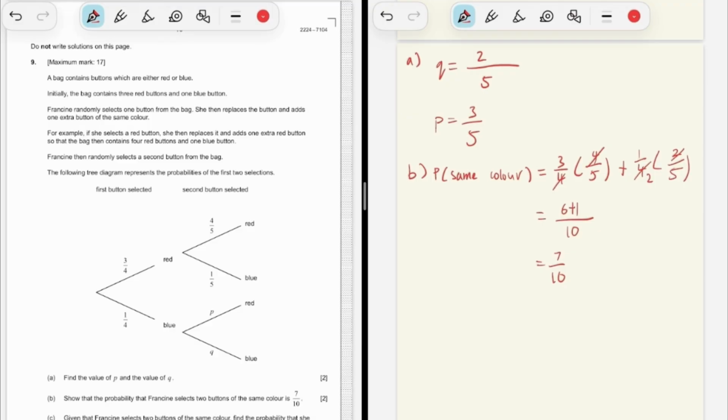And then for part C, we'll do the probability of 2 red, given that they are the same color.